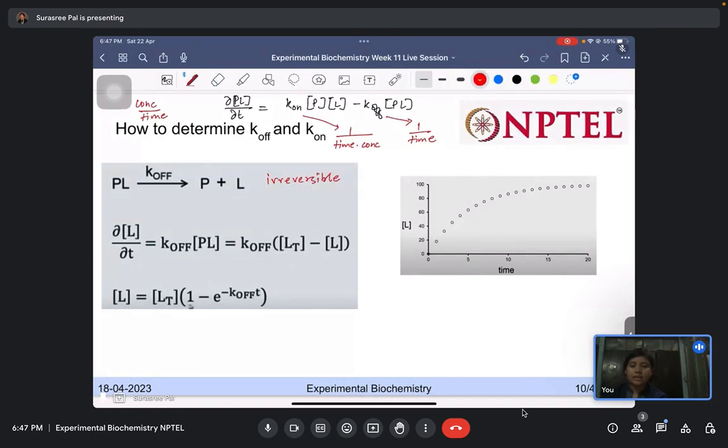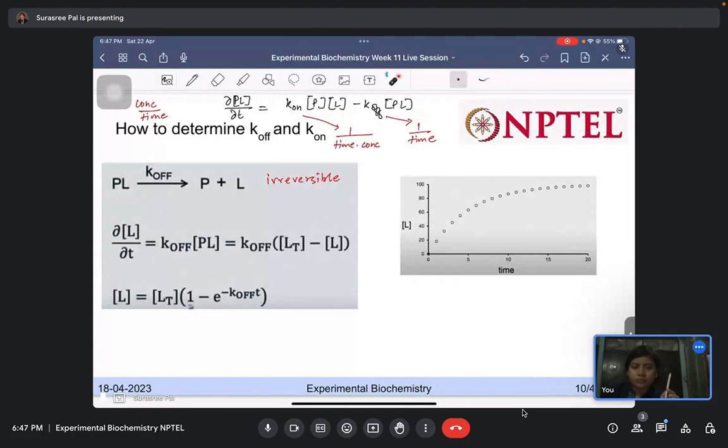Before going to that, let me discuss once again the equation which we were discussing in the very beginning: the change in the protein ligand complex concentration equals K on into the product of the protein and free ligand concentration, minus the reverse reaction, which is K off into the protein ligand complex concentration.